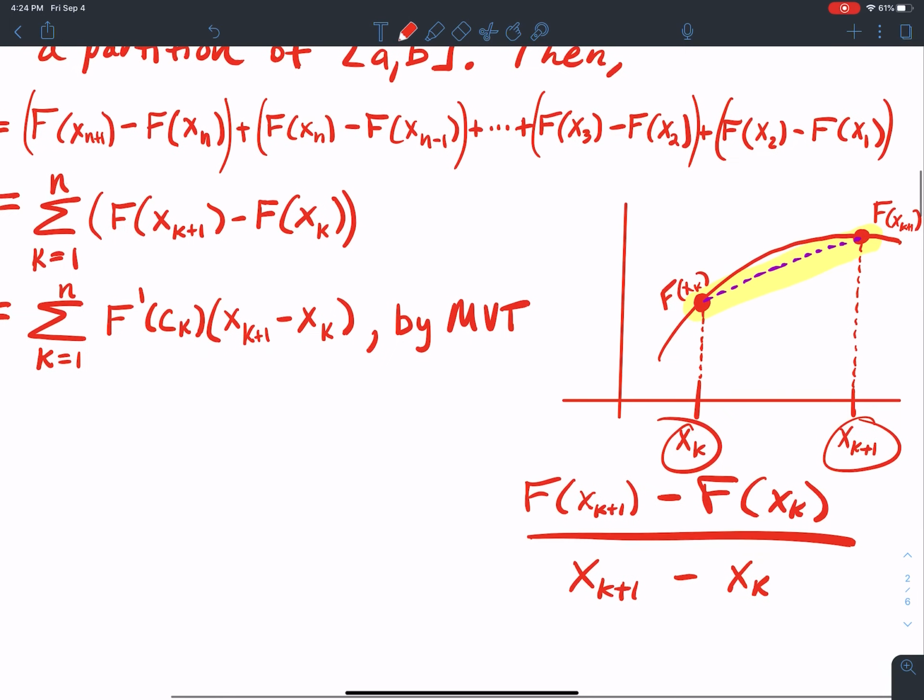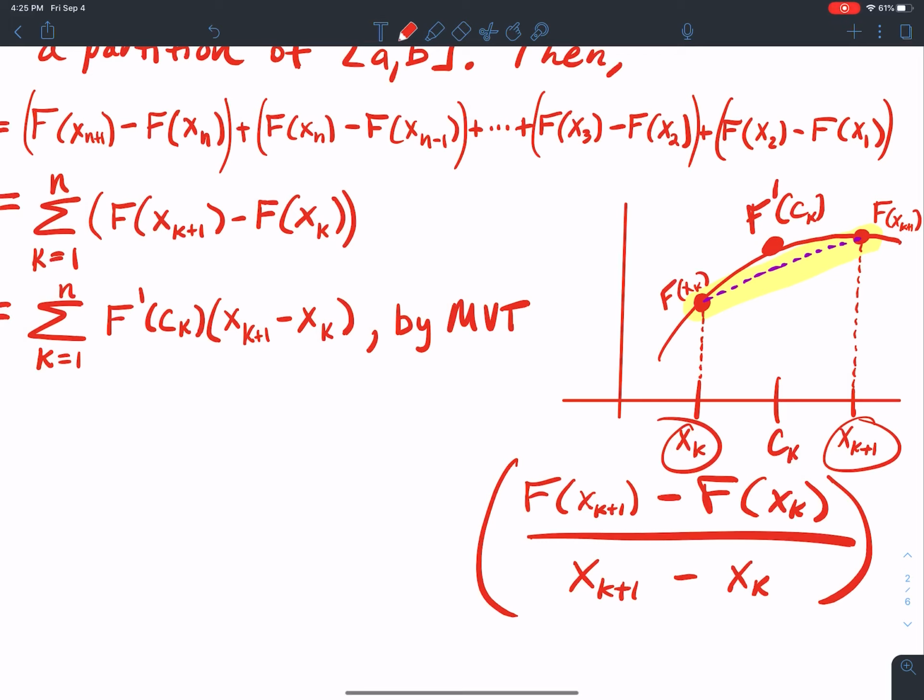And so what does this equal? Well, from the mean value theorem, we know that there's some ck in between, where if I take the derivative evaluated at that ck, it has the exact same slope. So this is equal to F prime of ck.